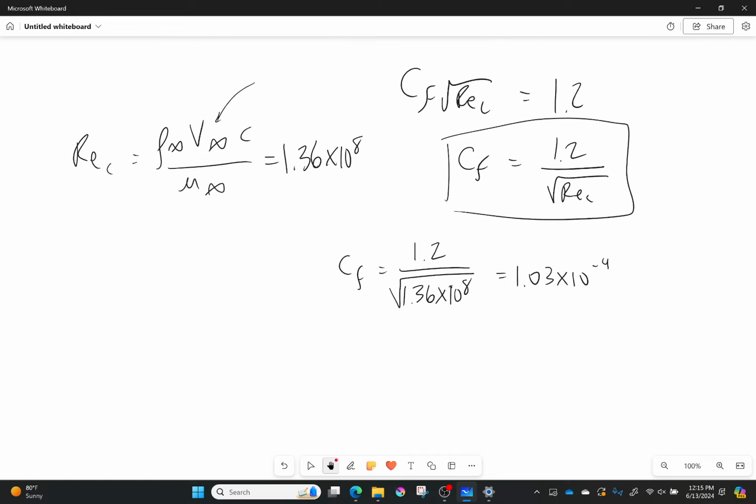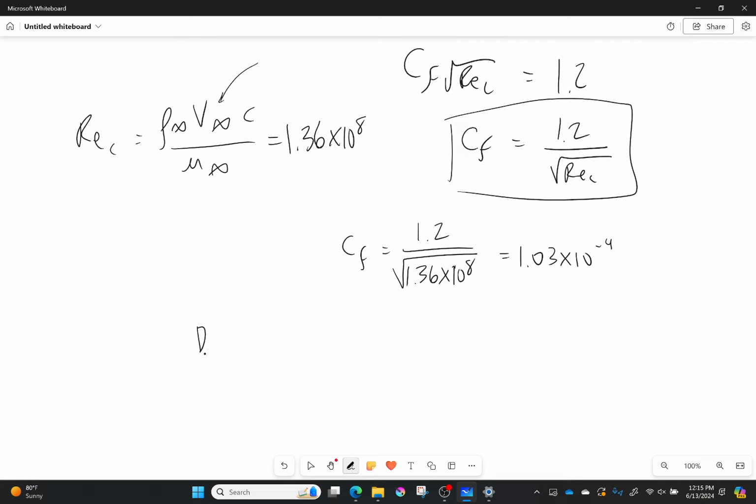And then just like last time, I can plug in my equation for drag. My drag force on one side is equal to 1/2 times rho infinity times V infinity squared times the planform area times my skin friction coefficient. And it's going to be equal to 2,513 newtons. Why? Because that guy has increased by a factor of 100.